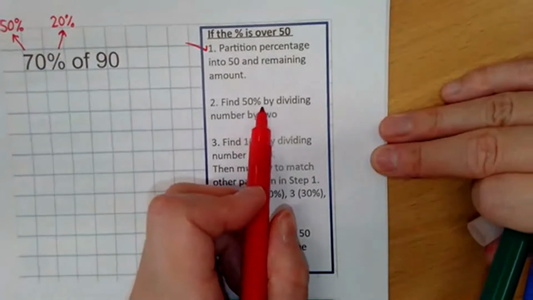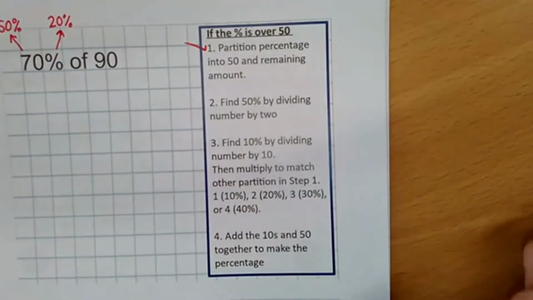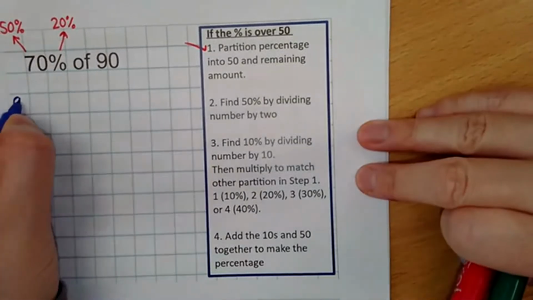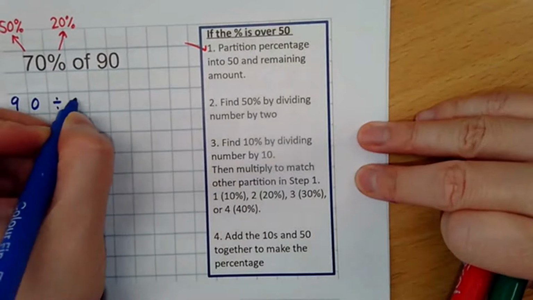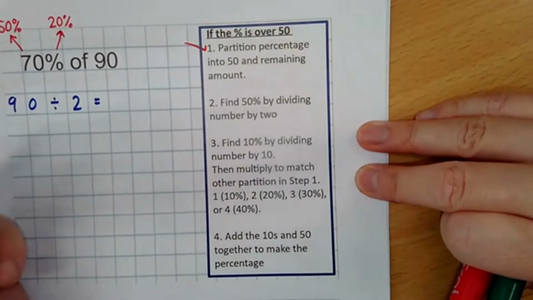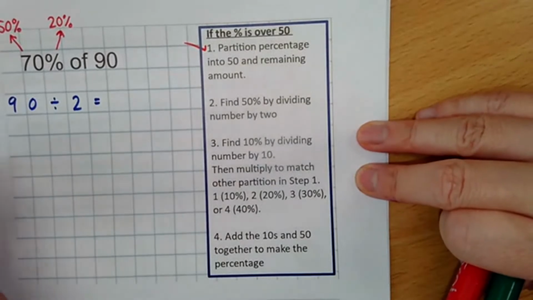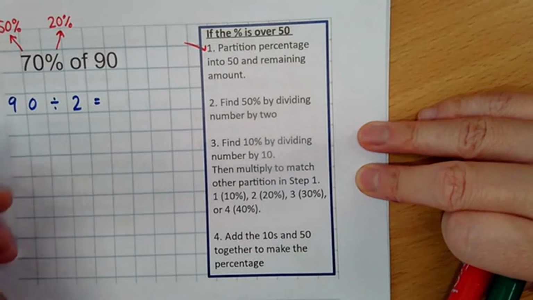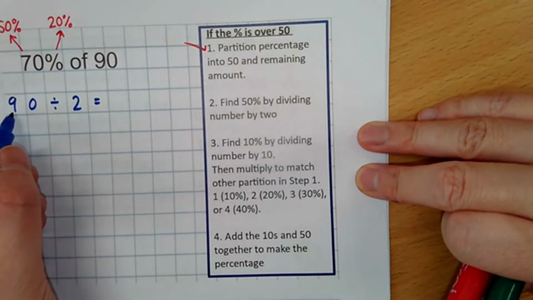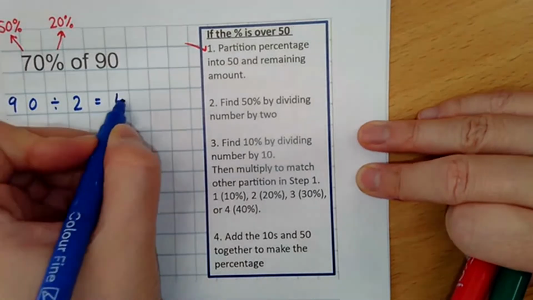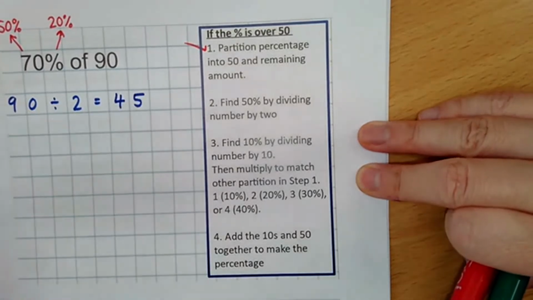Now I need to find 50% by dividing my number by 2. So 90 divided by 2 equals, and again you can use bus stop method, but I know that half of 90 is 45. Great.